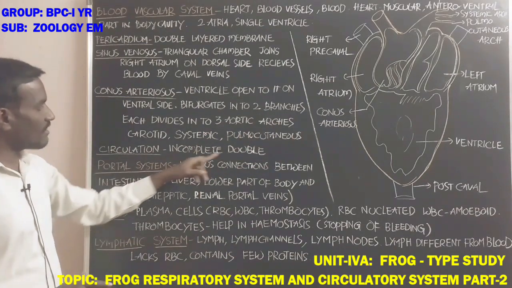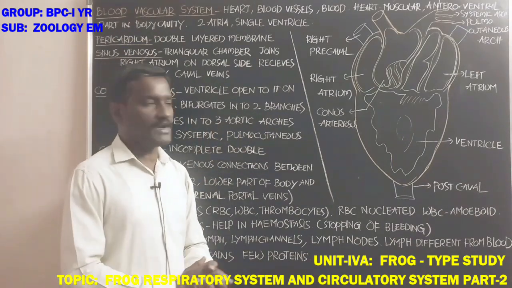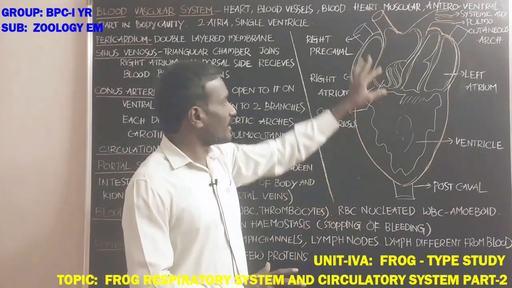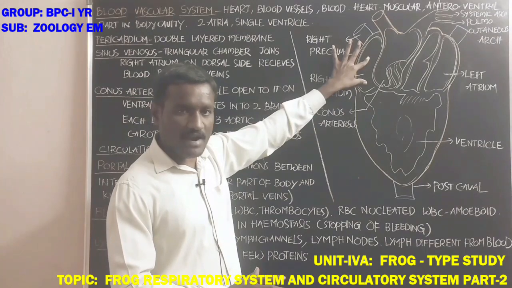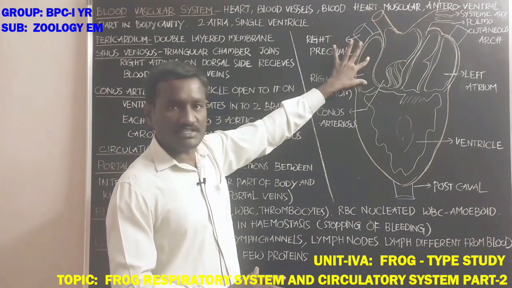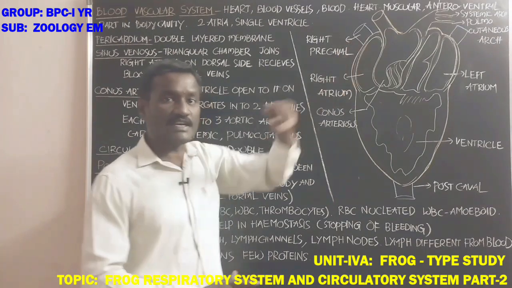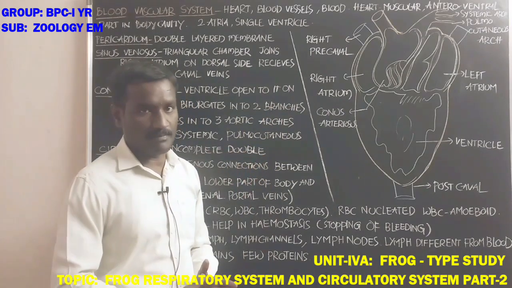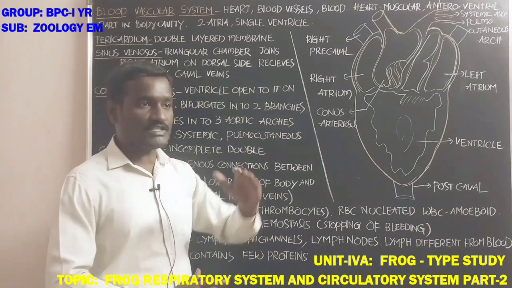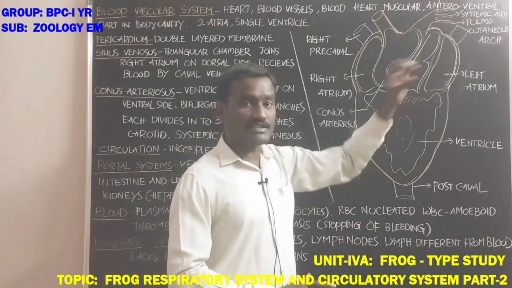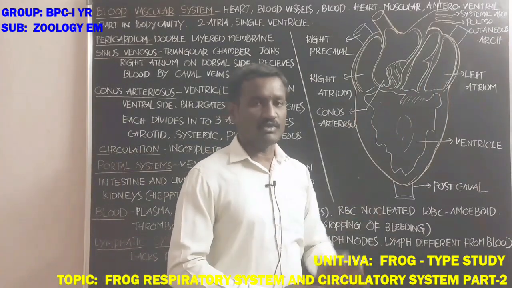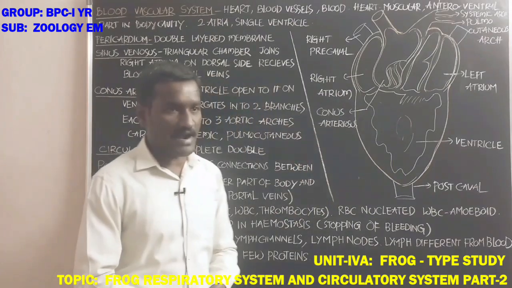Circulation is incomplete double. That means the right atrium receives the blood from the sinus venosus. It is deoxygenated blood which came from the parts of the body. The left atrium receives blood from the lungs, that is oxygenated blood.